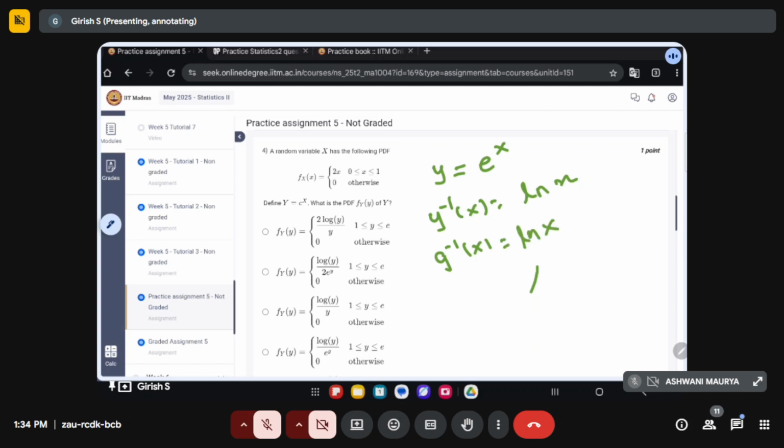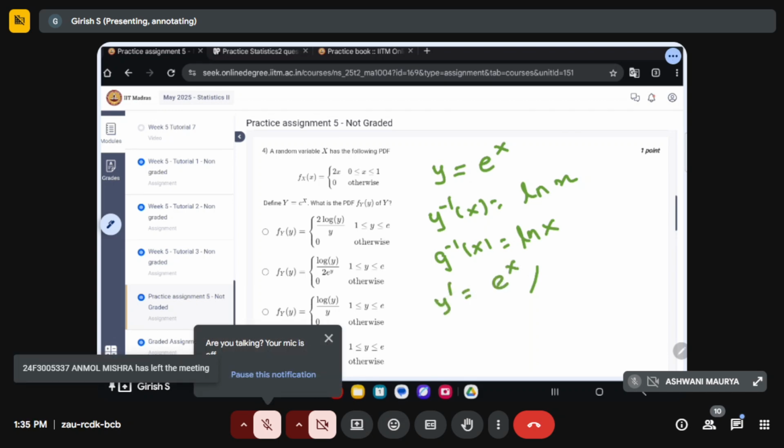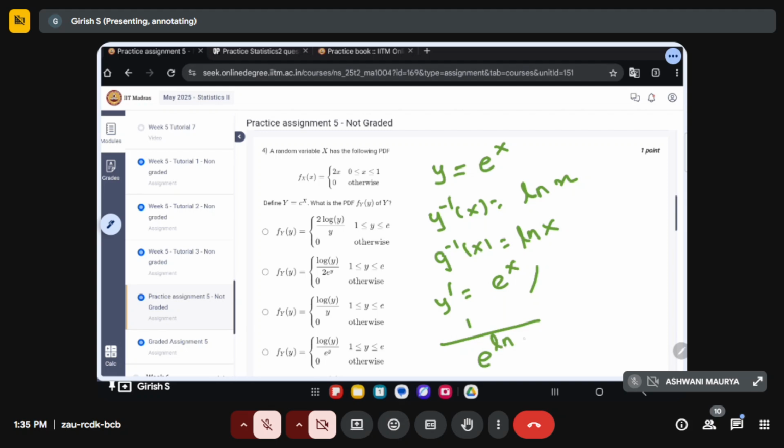And then what else do we have? Y dash we need to calculate. Y dash will be e power x. So you can write it as 1 by g dash of g inverse of x into f of g inverse of x.